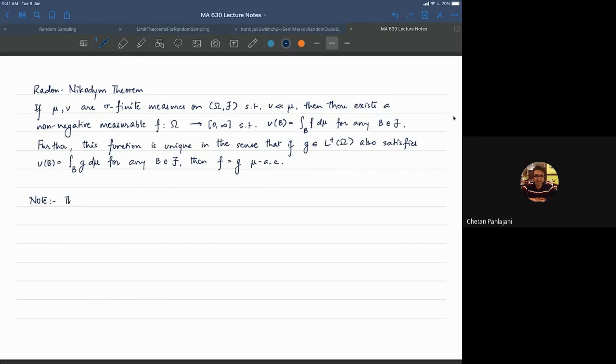The function f above, this is of course if it exists. I mean, if nu is not absolutely continuous with respect to mu, f is not going to exist.